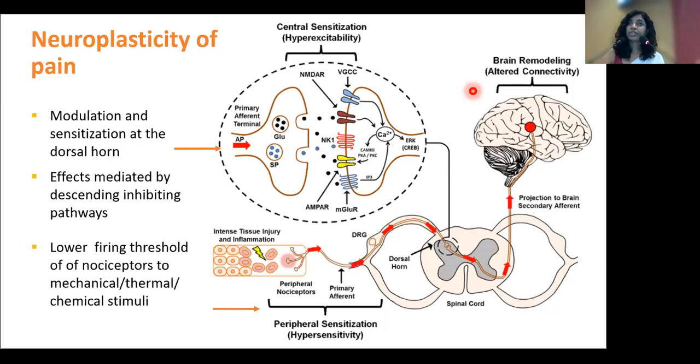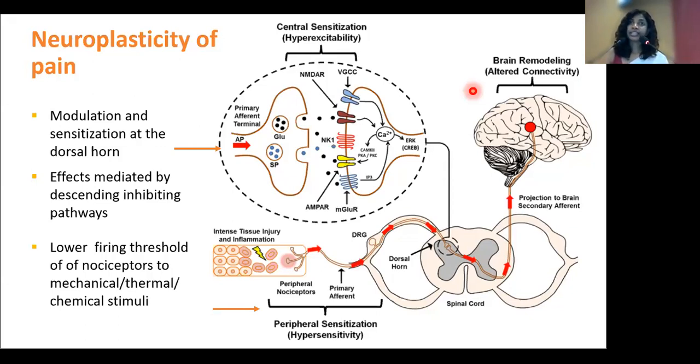And then at the level of the dorsal ganglia, there is modulation of pain that happens, and there is a change in the descending pathways that inhibit pain transmission. So this is what we call central sensitization.